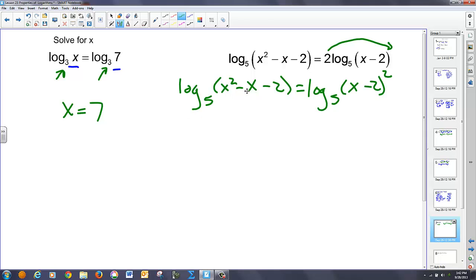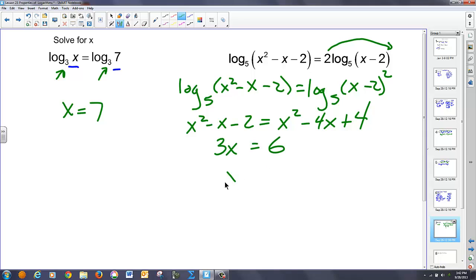Now I have the log base 5 of one term equaling another, so I can eliminate the logarithm terms, and have x squared minus x minus 2 equal to my FOILed out version of this, which is x squared minus 4x plus 4. The x squareds will go. I get 3x over here. I get 6 over there. So x is equal to 2 in this case.